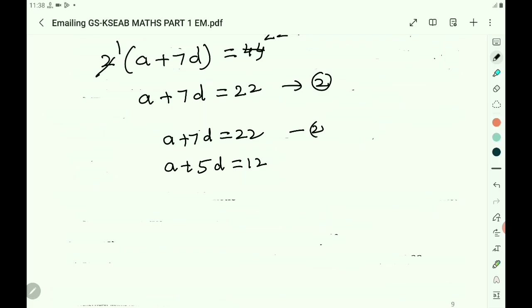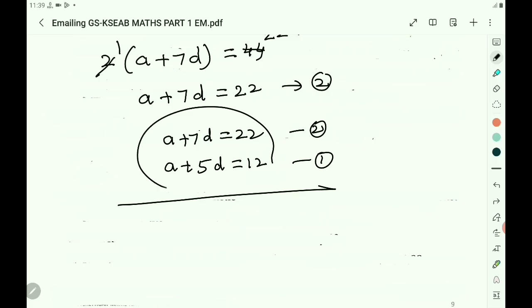This is second one. This is first one. Here you can cancel this a as they have the same coefficient. Consider these two as a pair of linear equations in two variables a and d, and a has the same coefficients. Therefore you can cancel a.